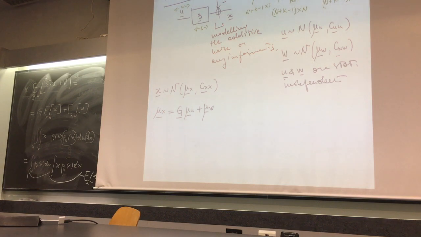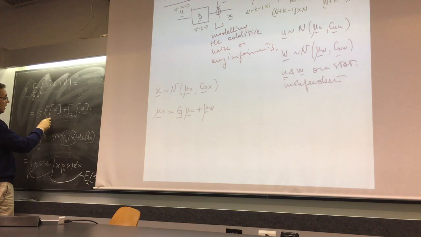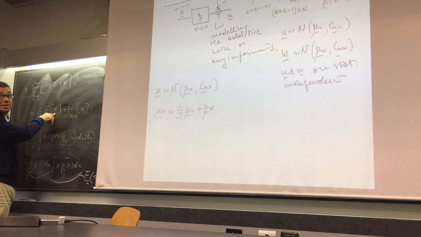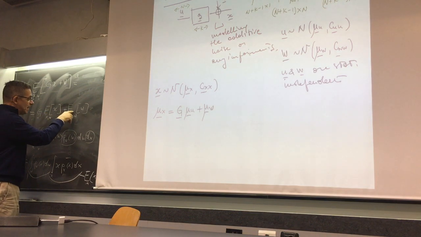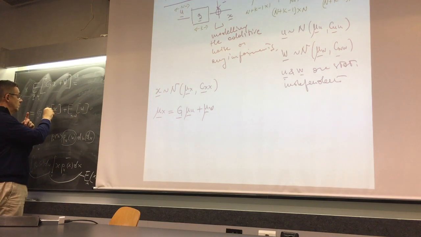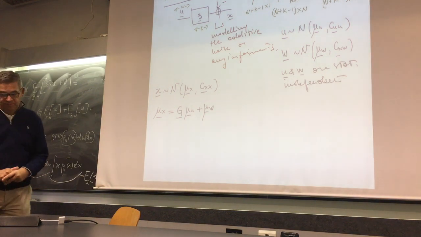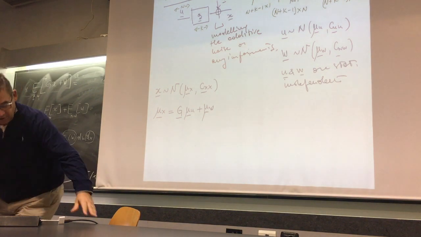So technically, I should write it once, and then I'm not going to do it forever. So technically, I should write this as g times the expectation of x, which is the mean of x, plus the expectation of w with respect to w. Okay? So that's the reason why it comes out that way. Is it clear? Yes. Okay? There is no magician here.